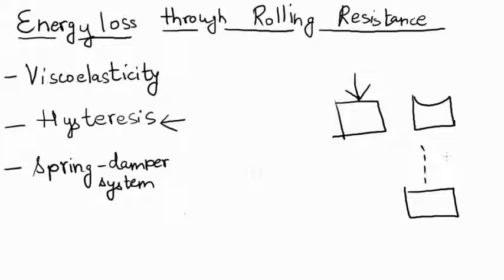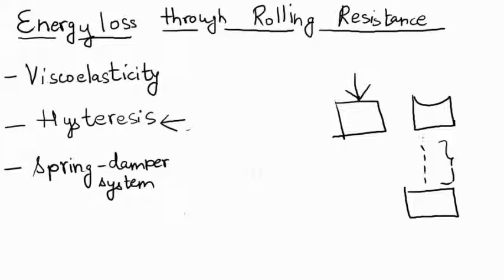It is quite understandable that it takes a few seconds, some amount of time, to come back to its original form. During this period, it loses some of its energy, and this time that it takes to come back, this phenomenon is called hysteresis.